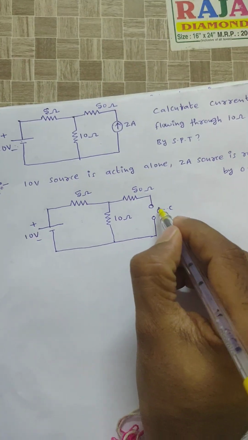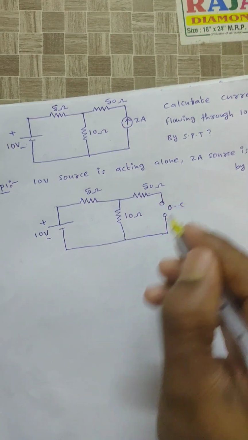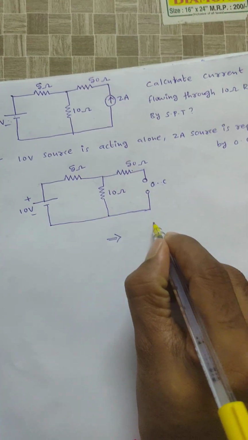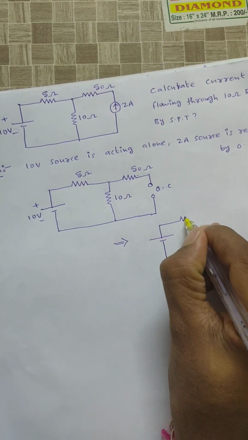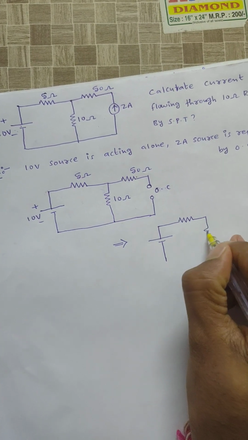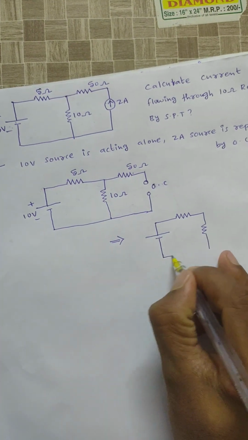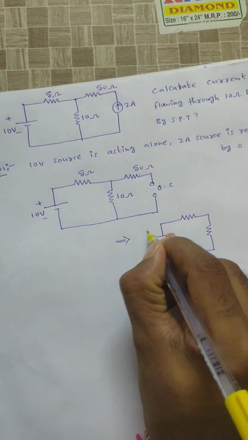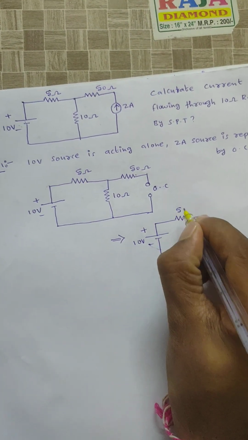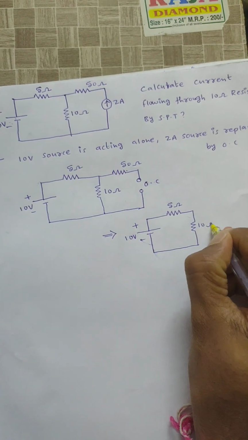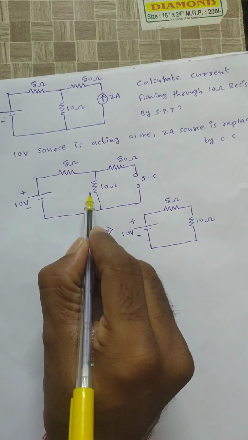Now see here, this is open circuited, right? An open circuit in series with a resistance is neglected. Then the equivalent circuit will be like this: the 10 volt source and 5 ohm. I need to calculate the current flowing through the 10 ohm, right?